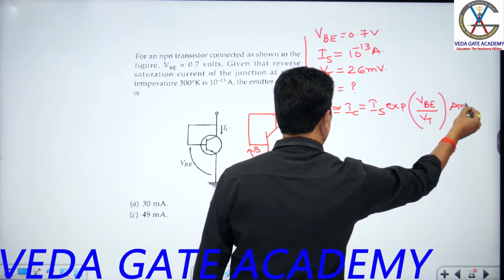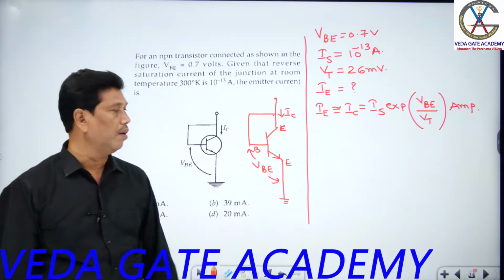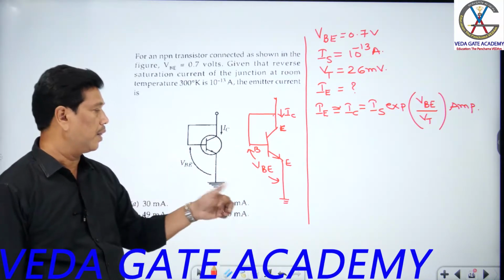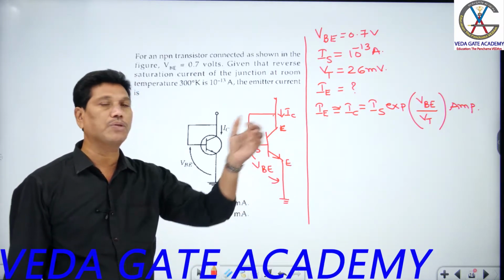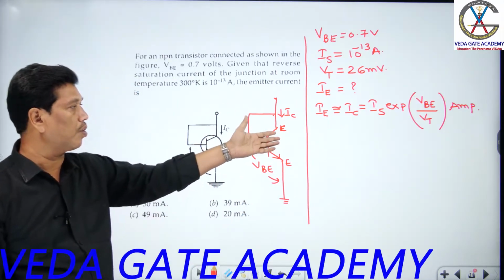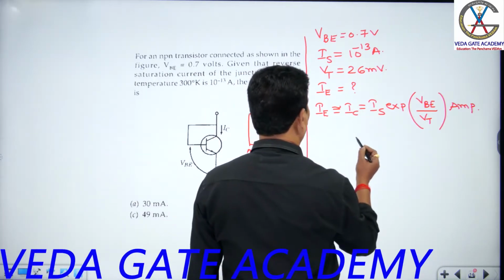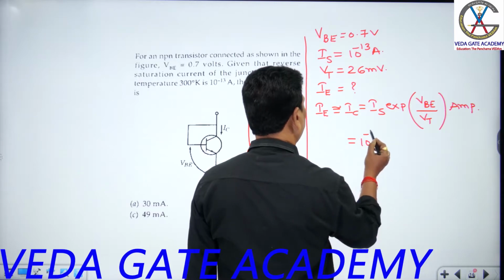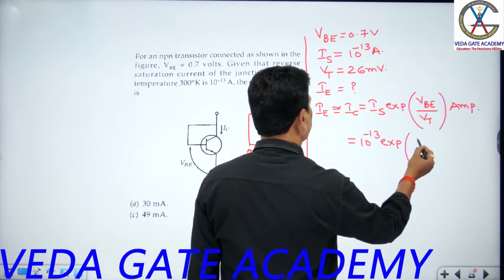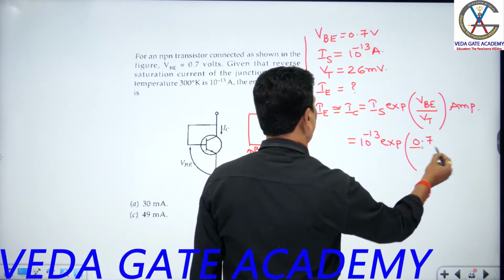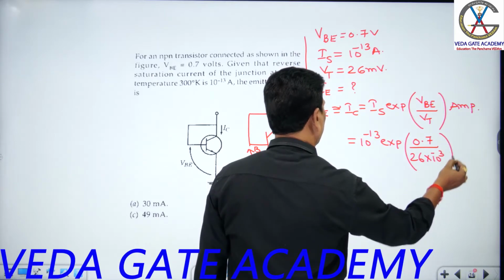So this is the formula for collector current or emitter current in terms of VBE, where the collector junction is already shorted. The BJT looks like an emitter diode with the forward voltage VBE. From Shockley you can write this now. So everything, students, just substitute to get the concerned one. So that is 10 power minus 13 exponential of VBE 0.7 by VT, which at room temperature is 26 millivolt, in ampere.